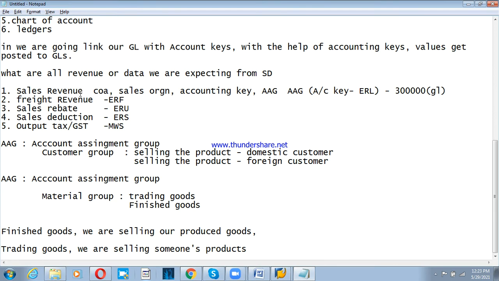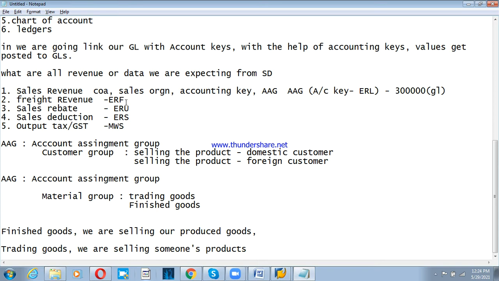Sales will be done by SD people, right? Then the accounting key is linked with this parameter, and as a finance consultant we assign this GL. Whenever any transaction or sale happens, it will come to this account.